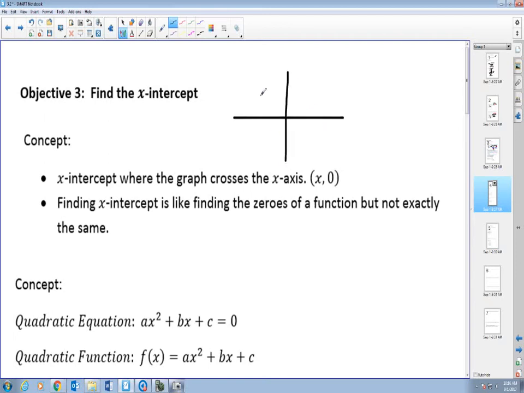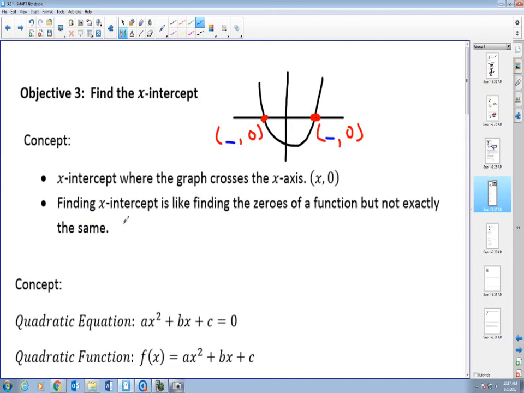Let me just draw a parabola right here. What is a big deal about my graph crossing over the x-axis? Well, when we cross over the x-axis, the y value on the x-axis is always 0. So to find x-intercept means we will solve for x when the y is equal to 0.